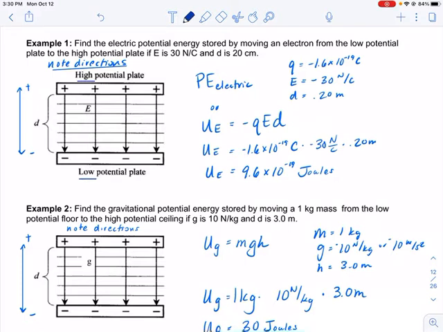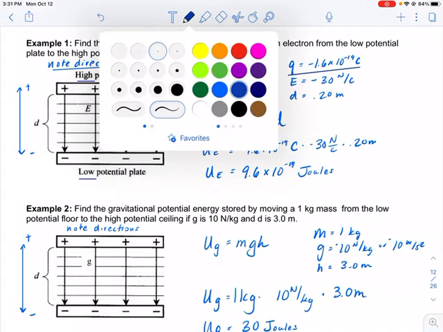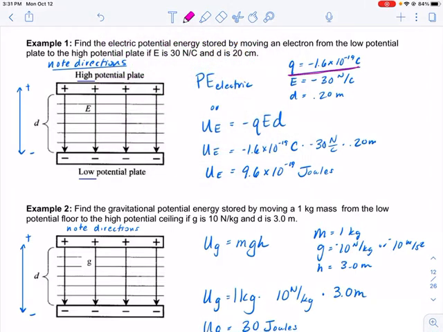That's just a definition. Okay, next, I'm going to write down what I know. I know Q is negative 1.6 times 10 to the negative 19th. I'm going to switch colors here so it's a little easier to see what I'm doing. E is negative 30 newtons per coulomb. Now, E is a vector, and it's pointing downward. In this picture, the direction is given by the diagram.